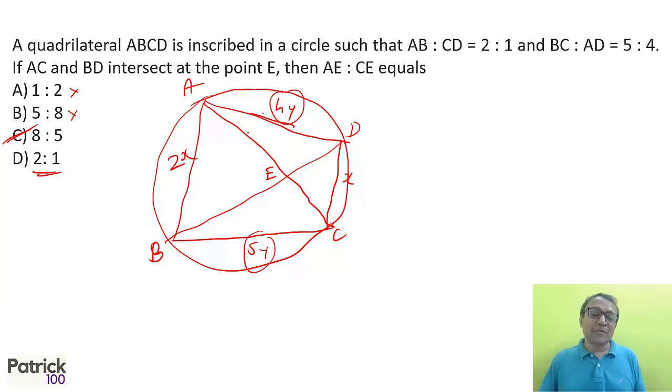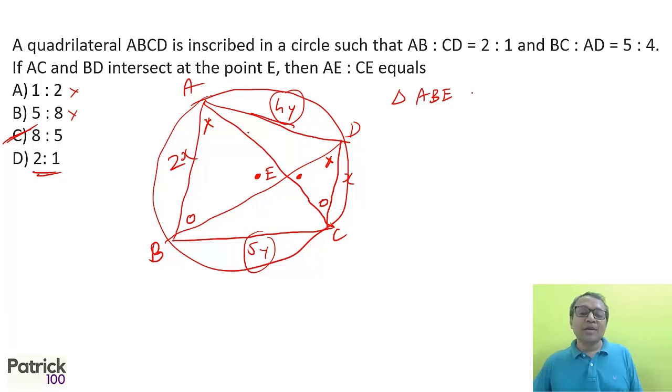Anyway, what you need to do is be comfortable with similarity of triangles. By the inscribed angle, this angle A is the same as angle D. Angle B will be the same as angle C, because they are inscribed in the same arc. And these are vertically opposite angles, angle E. So triangle ABE is similar to triangle DCE.